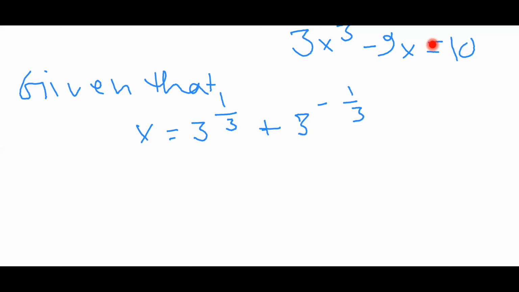Now in the statement to prove, there is a cube, but in the given equation there is no x cube. That's why we start the equation by cubing on both sides. Since there is no cube here, we apply cube on both sides.